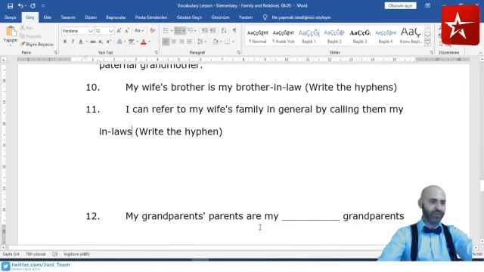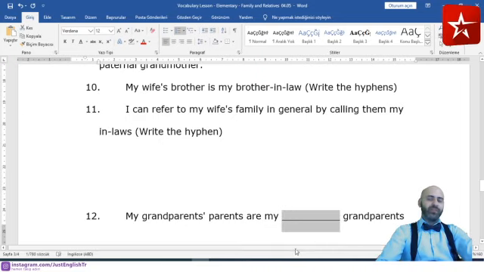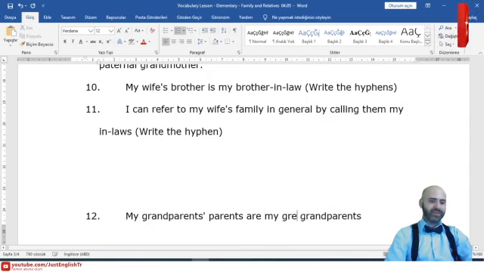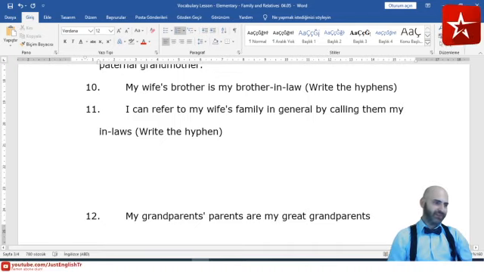Actually, we have already correct answer on Facebook. Your grandparents' father and mother are your great grandparents. Yes, Alper, you needed to change big with great. Okay, so your grandparents' father will be great grandfather and mother will be great grandmother.